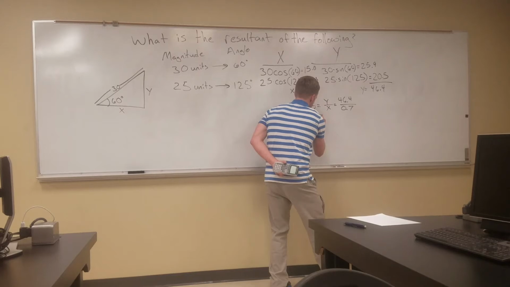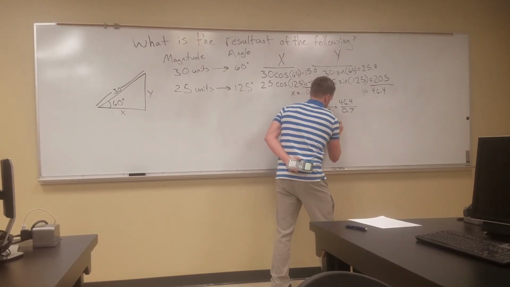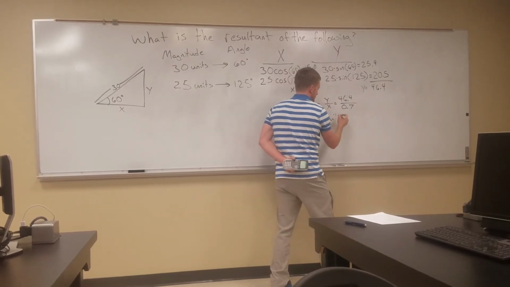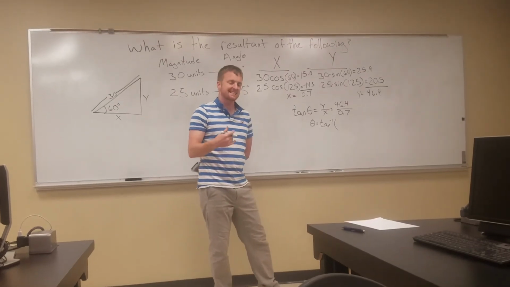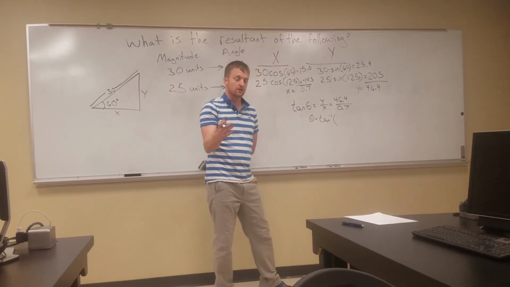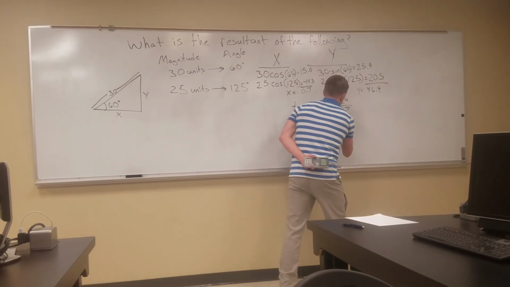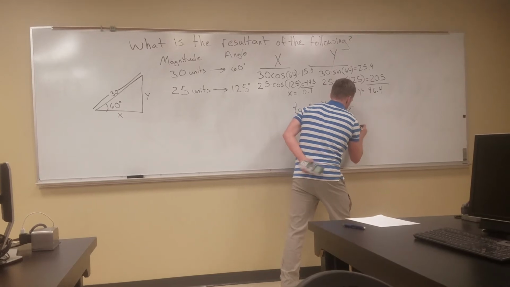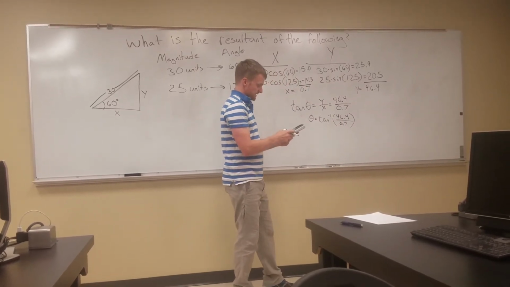So we will have to take the inverse tangent. Different calculators require you to do different things to get inverse tangent, so I'm not just going to give a blanket statement to be able to do that. You're going to have to understand how to do that. 46.4 divided by 0.7. Okay, I don't know that off the top of my head.